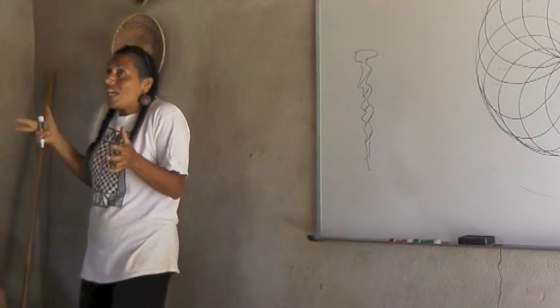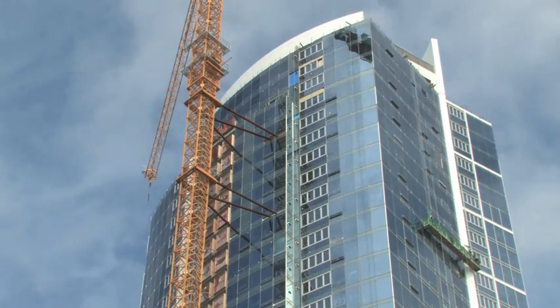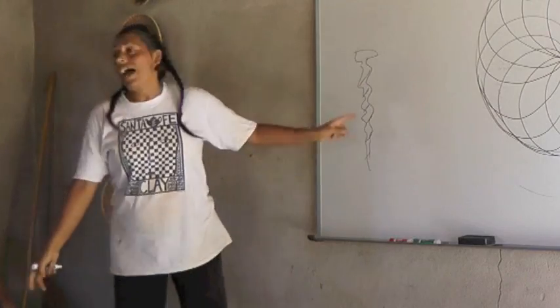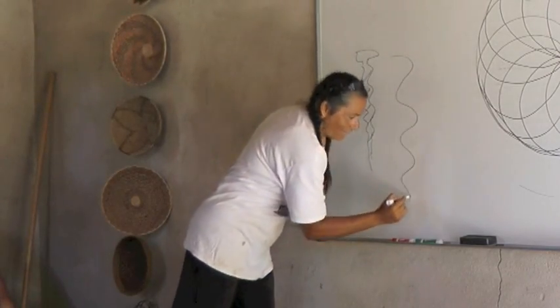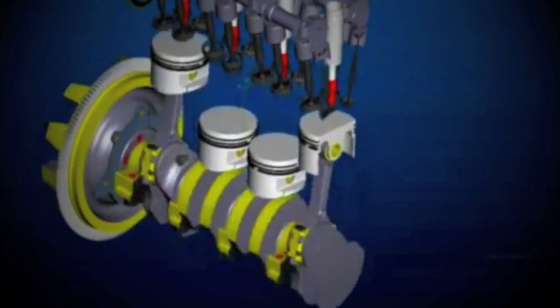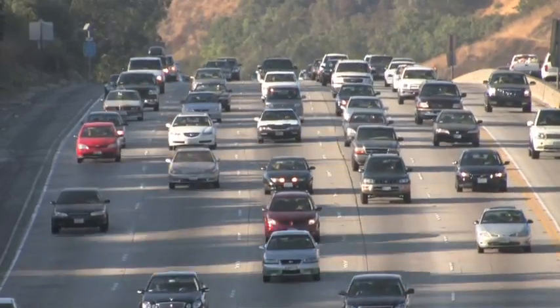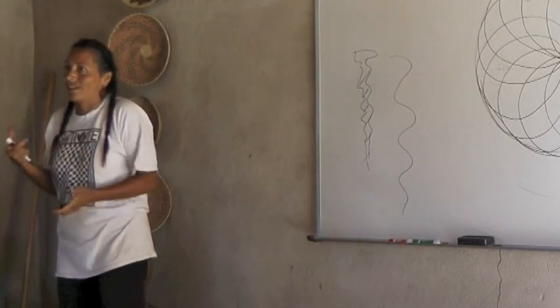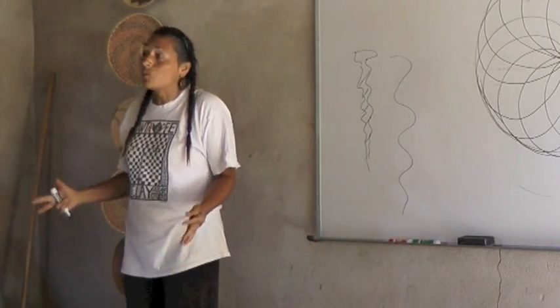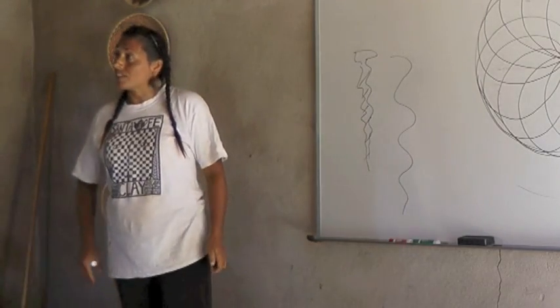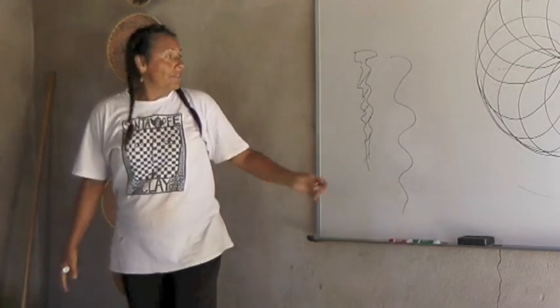We have built monstrosities off of the pattern. That's the way engines work in cars. I mean, what would we do without our cars? What would we do without a drill bit? What would we do without all the things that are really basic to what we do, that are all based on these patterns?